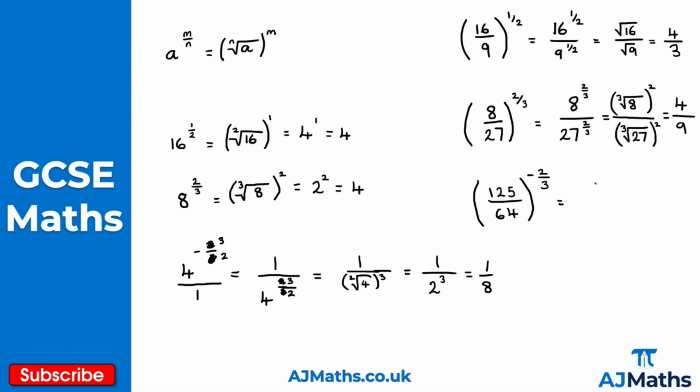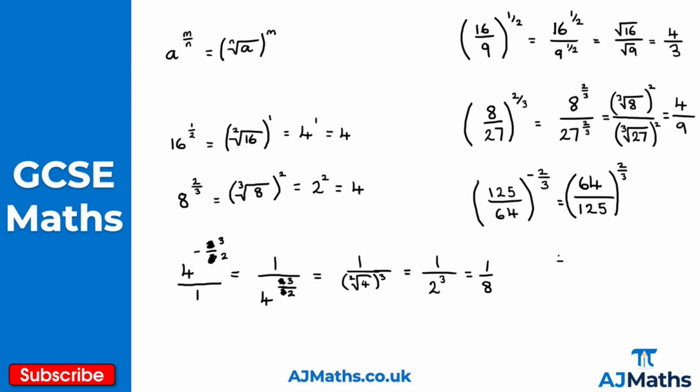So what I've got now is 64 over 125, and that is all to the power of positive 2 over 3. Remember, my power now becomes positive, so that's 2 over 3. So from here then, we just apply this rule that we've seen for the previous 2 examples.